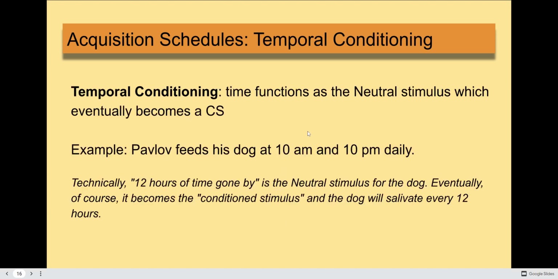Temporal. Now, the term temporal, we might think of temporal as in like the temporal lobe, but temporal is about time. So temporal conditioning is the conditioning with the use of time. And you all may note that you have been temporally conditioned to be hungry at a certain time. Now, hunger is an unconditioned or unlearned response.